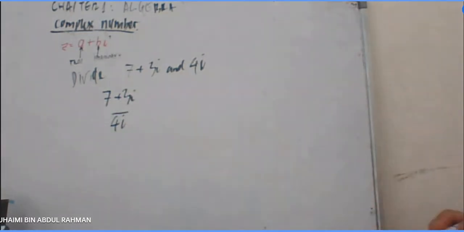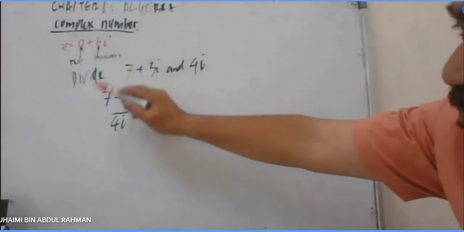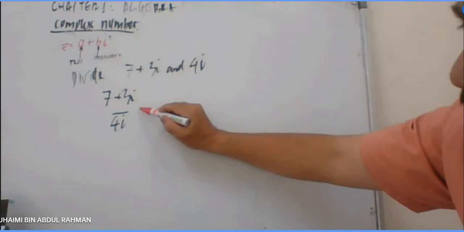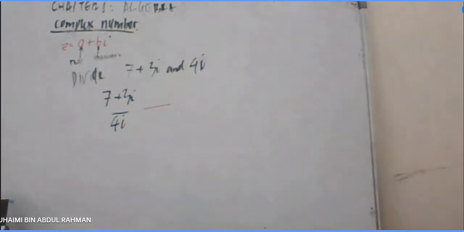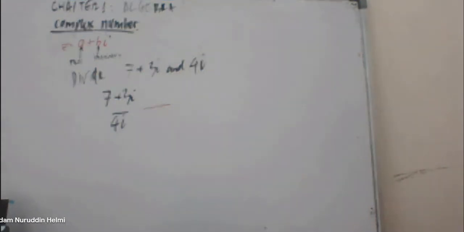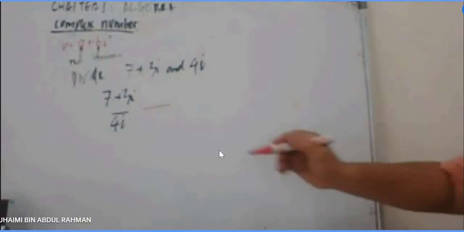To perform the operation of division, we need to multiply by the conjugate of our denominator. So what is the conjugate of 4i? Negative 4i. Minus 4i.